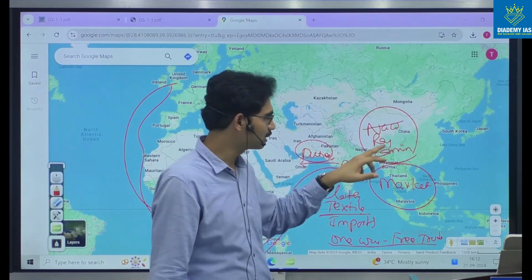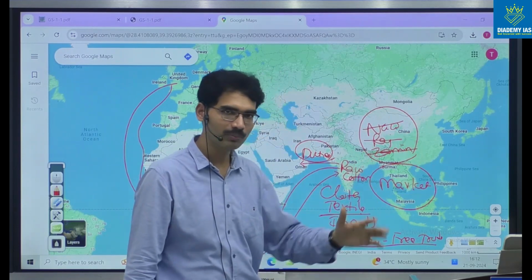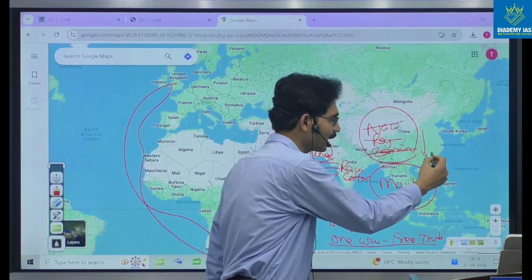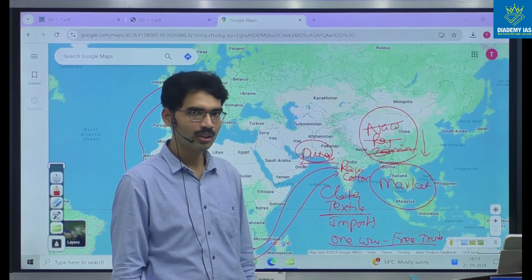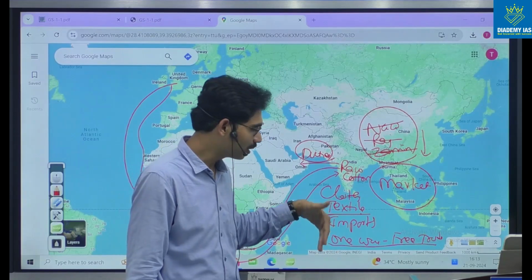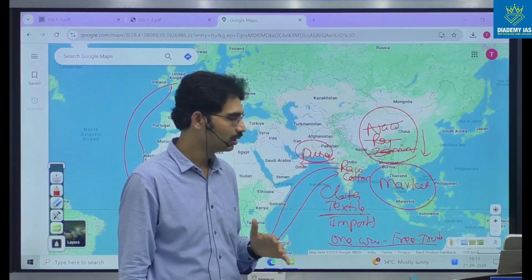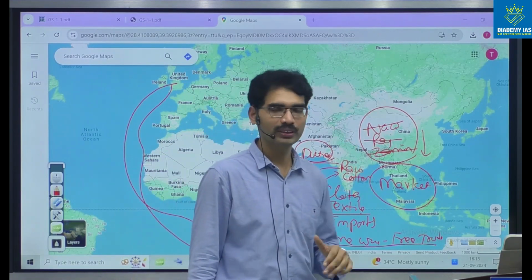The power of Nawabs was removed, the power of Rajas removed, Jamindars removed, and they were not able to patronize the Indian artisans. So on one hand, raw material was taken. On the other hand, more products were dumped in India, and the market was also completely captured.